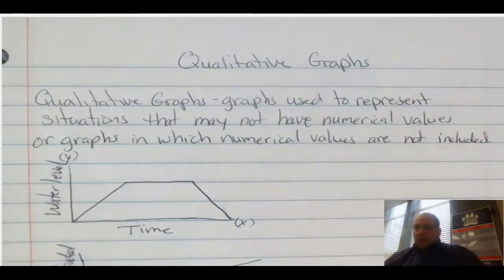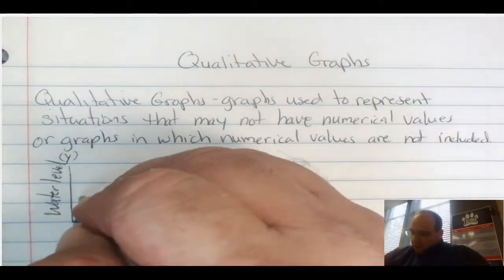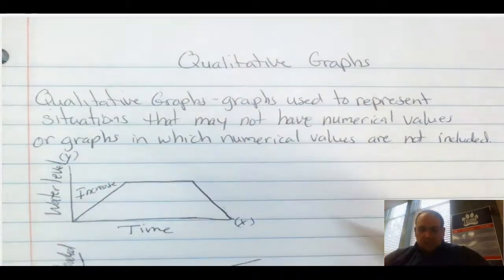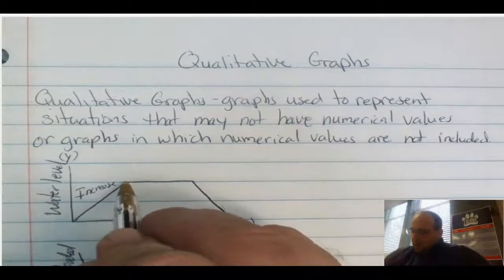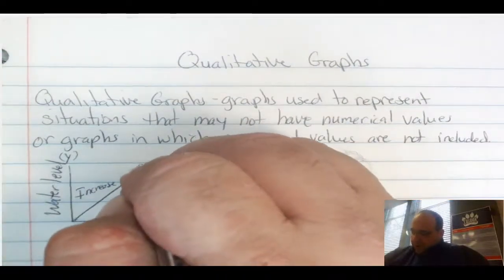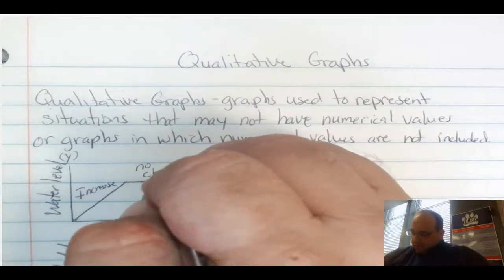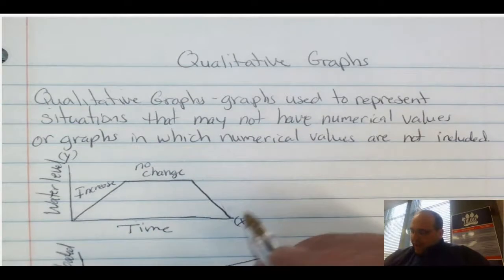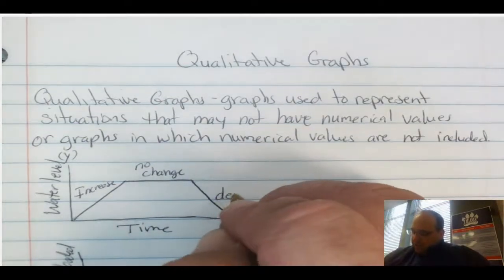Now we use three different words to describe each of those kinds of functions, okay? So when the graph is going up, we're going to have an increase. When the graph is flat like this, we refer to that as no change. Okay? And then when you see a graph that's going down, we're going to use the word decreasing.